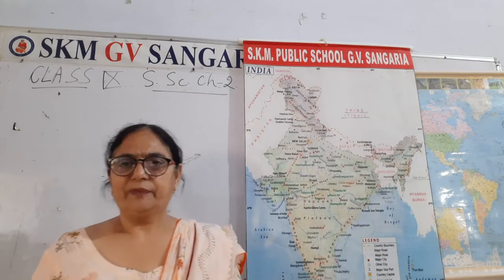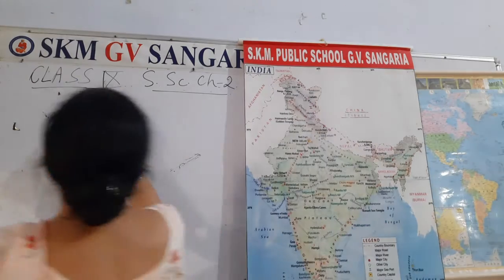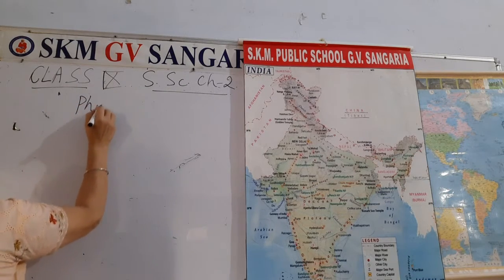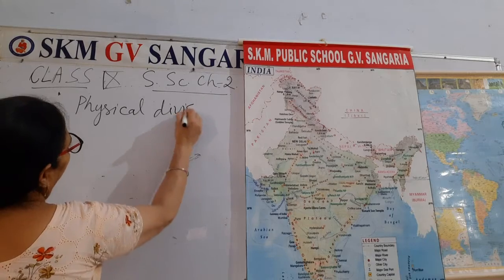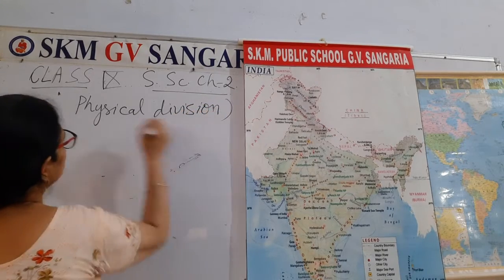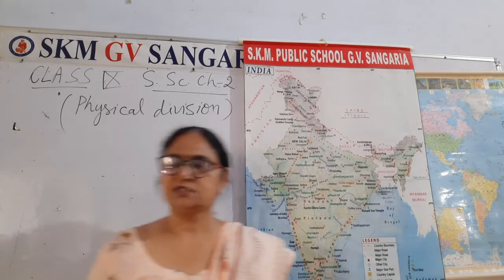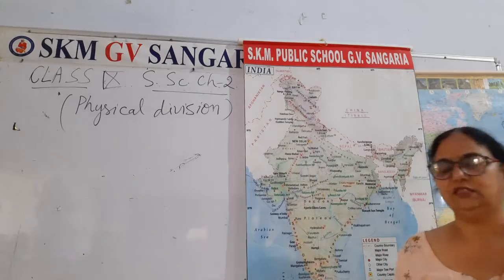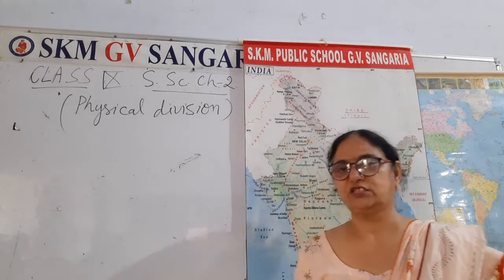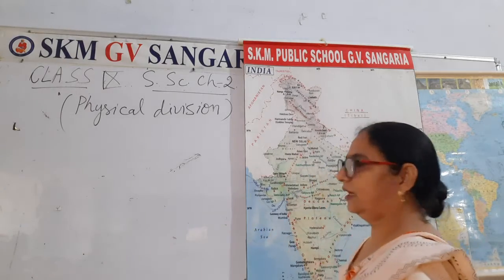Today we are going to study the physical division of India. We know very well that physical divisions or physical features, in other words, show us the different relief features of the surface area, that is the crust.